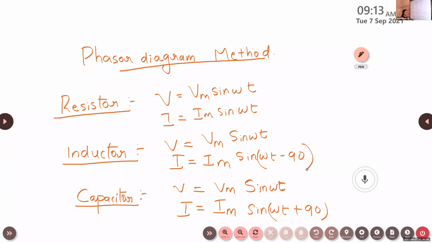So in the case of inductor, the value of current I is equal to Im sin omega t minus 90. In the case of capacitor, I is equal to Im sin omega t plus 90.